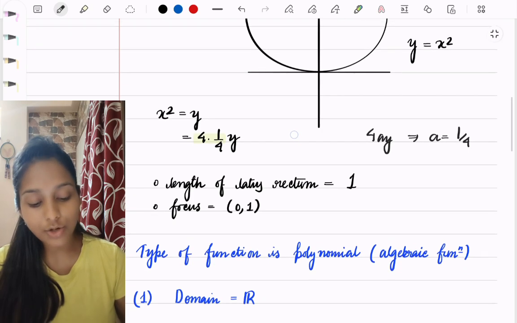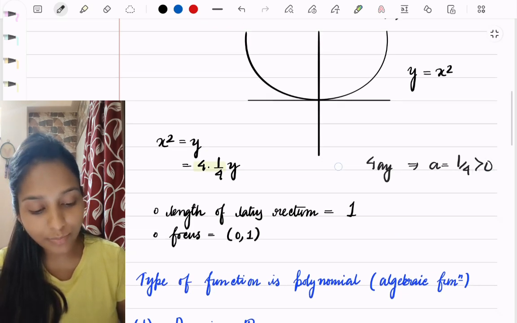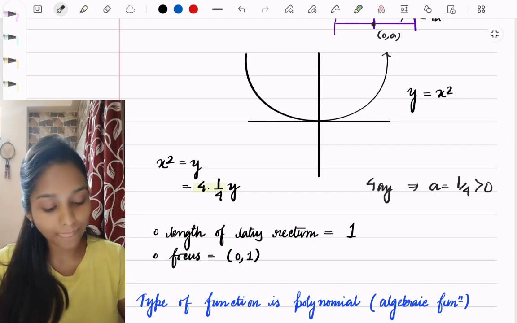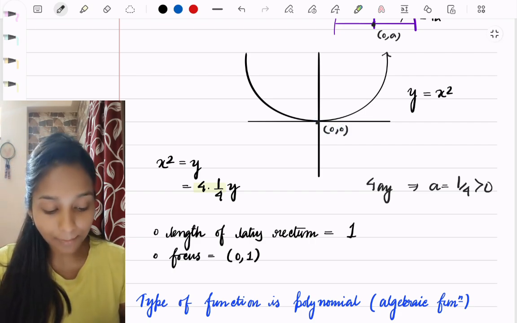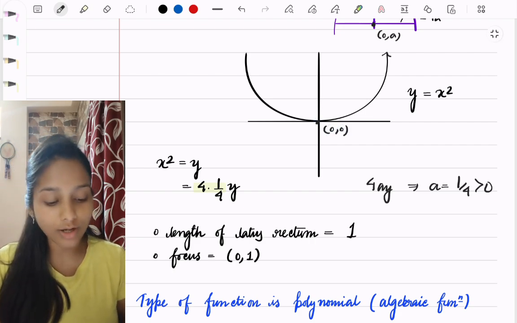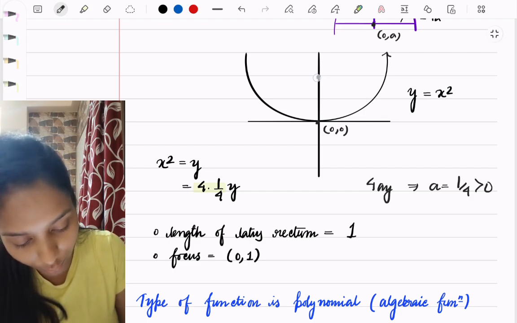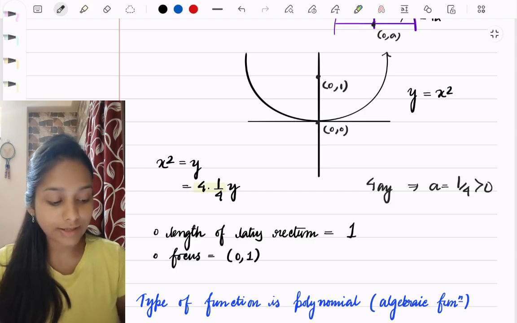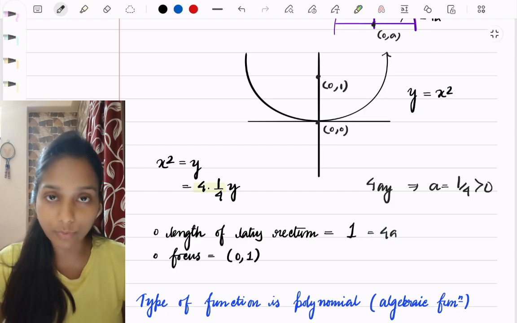From here we can see that a is positive. So positive means the parabola should be upward, and it also passes through the 0 0 point, and the parabola has its focus at 0 1. So 0 1 will be the focus somewhere here, and the length of the latus rectum, which is 4a, will be 1.